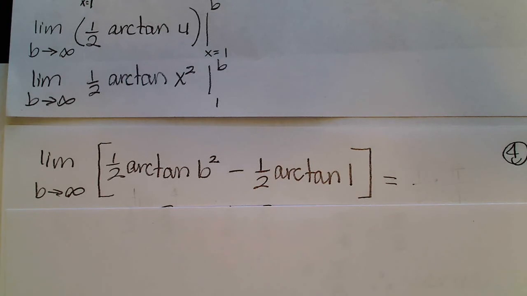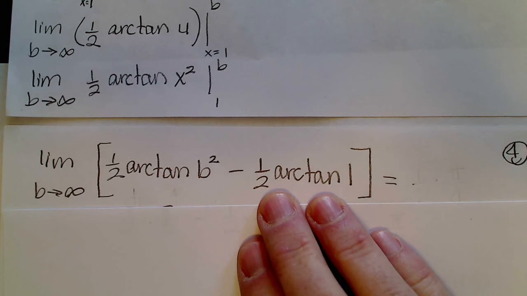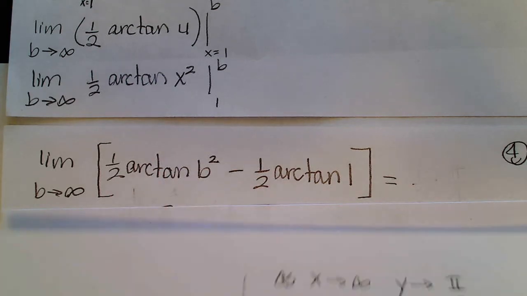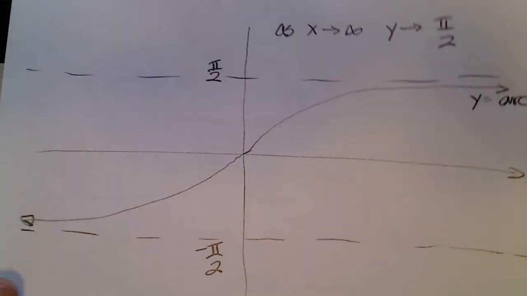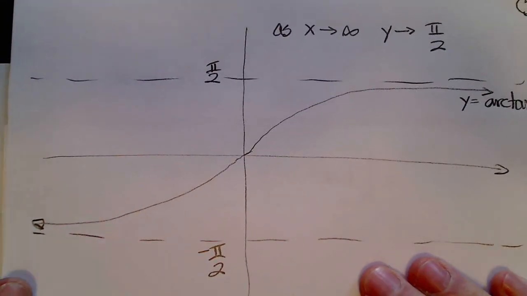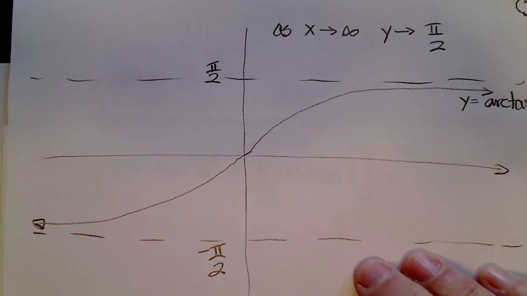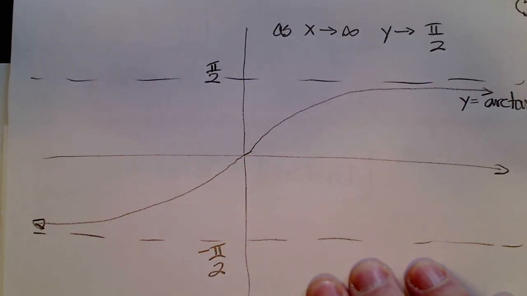Well, we know the arctangent of 1 is pi over 4. So this piece right here is going to be 1/2 pi over 4 or pi over 8. Now, let's think about arctangent. If you remember the graph of arctangent, here I've drawn it, and it's basically the inverse trig function for tangent.